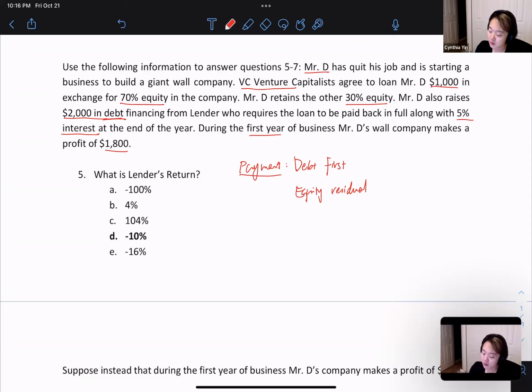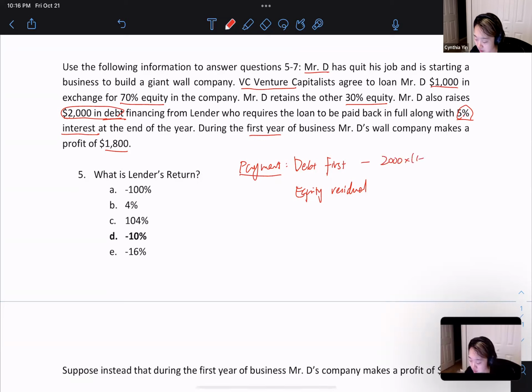Because Mr. D made $1,800 of profit and raised $2,000 in debt with a 5% interest rate, how much does he have to pay to the debt holder? 2,000 times 1 plus 5% equals 2,000 plus 100 equals $2,100.